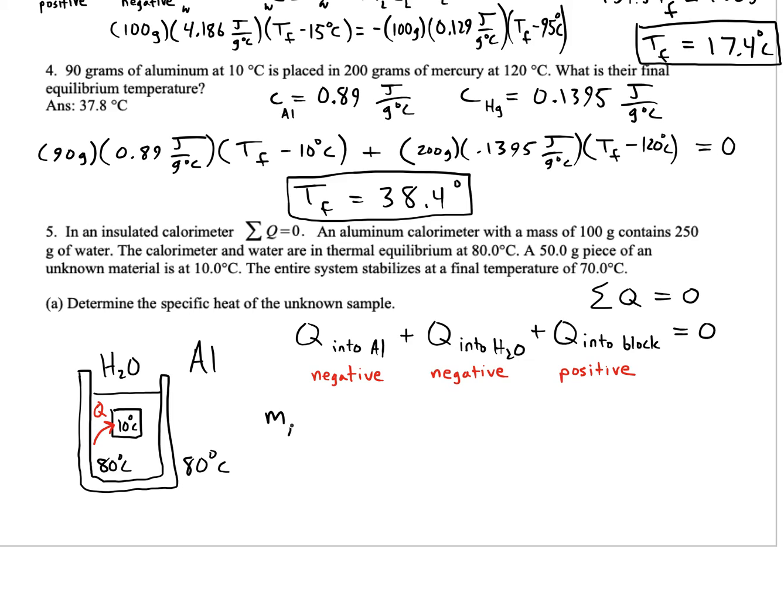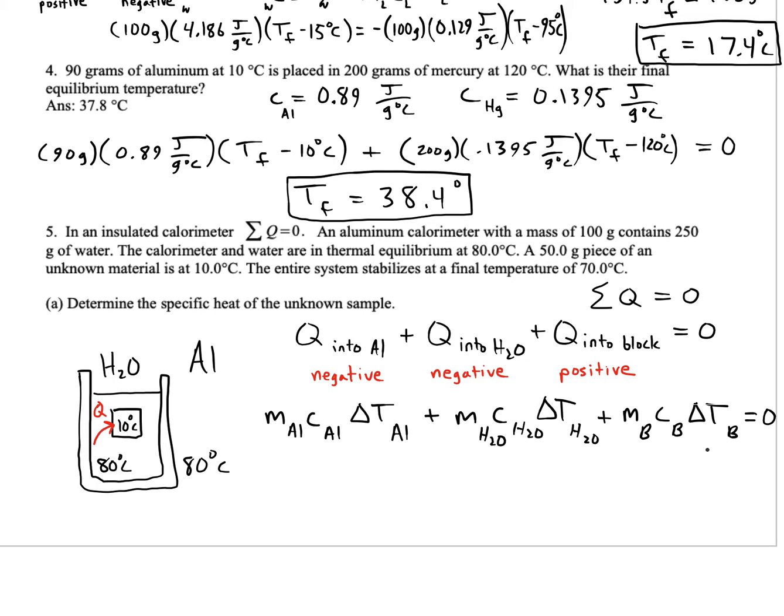M of the aluminum times the heat capacity of the aluminum times the delta T of the aluminum. Then we'll do the mass of the water times the C of the water times the delta T of the water. We'll have the mass of the block, I'll call it B, and then the heat capacity of the block, and then the delta T of the block. They all have to add up to 0.